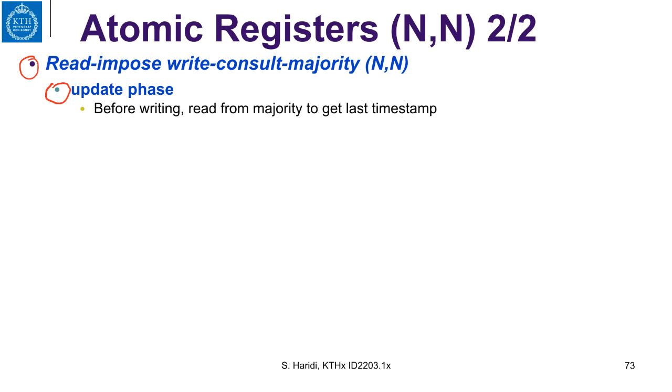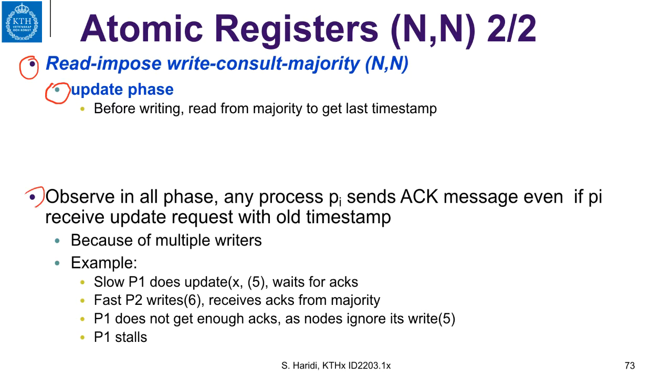And observe that in all phases, any process Pj sends an acknowledgement even if Pj receives an update request with an old timestamp. It will not update its register, it will just send the acknowledgement. In fact, this was not necessary in the case of the single writer algorithm.